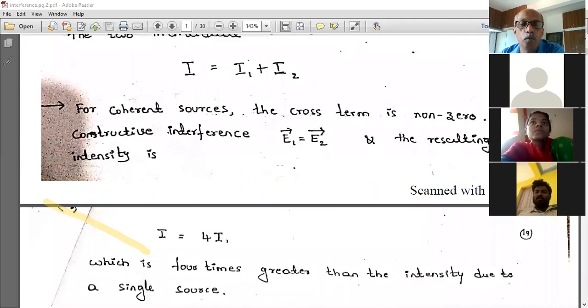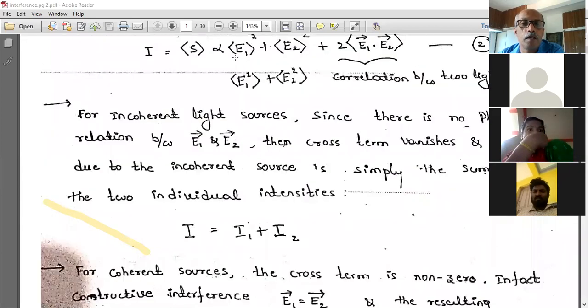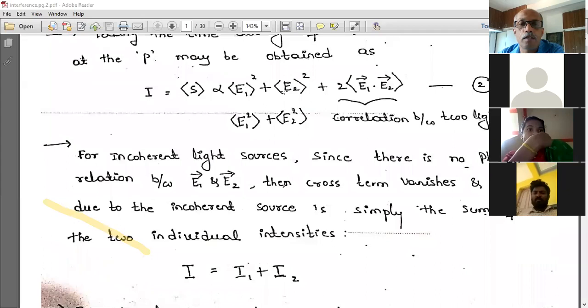If the fields due to both sources are the same, then the expression becomes E1 square plus E1 square plus 2 E1 dot E1. Therefore, it becomes E1 square plus E1 square plus 2 E1 square. In the sense, it becomes I1 plus I1 plus 2 I1. Therefore, the total is 4 I1.